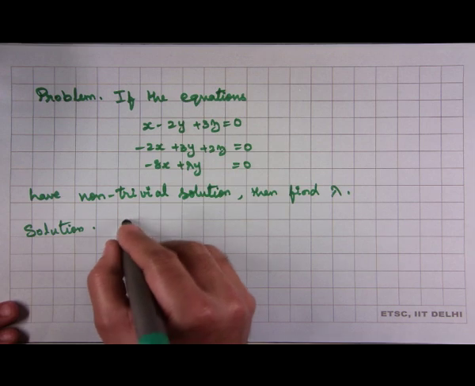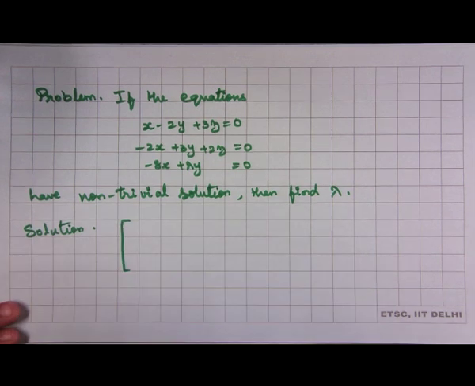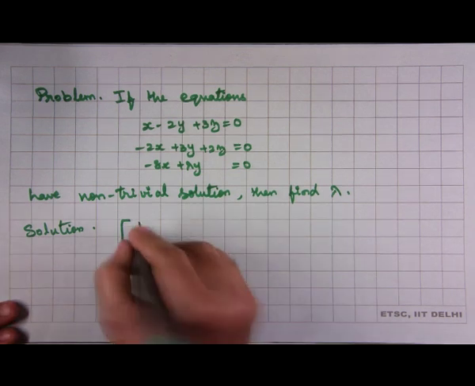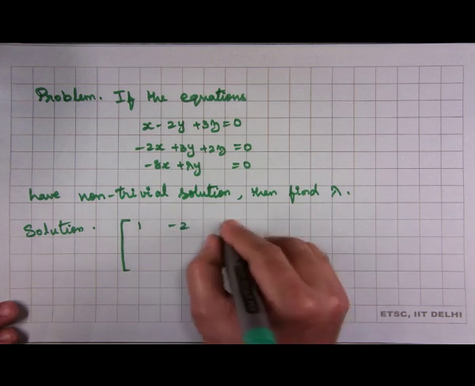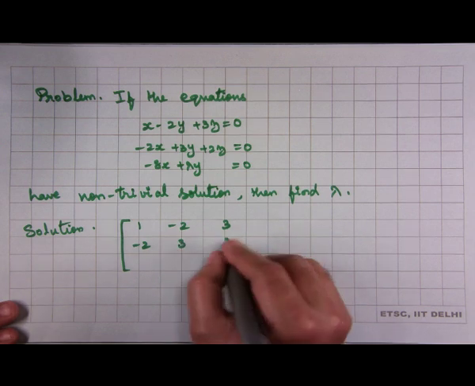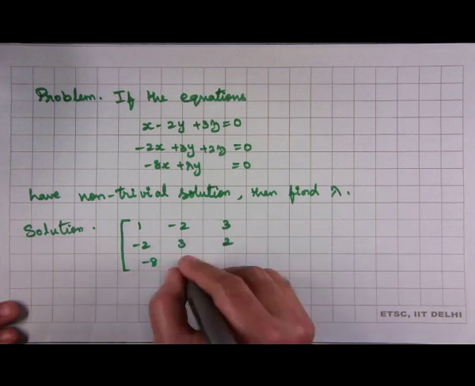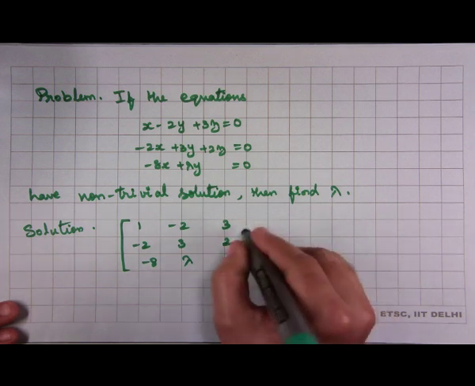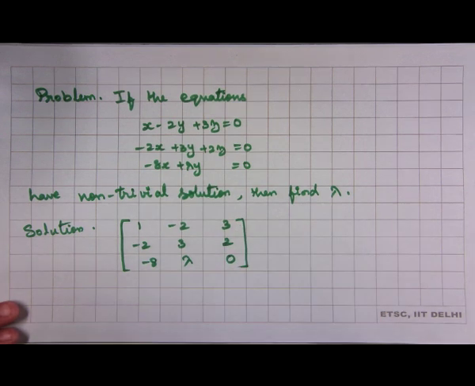So, let us write the augmented matrix or the coefficient matrix, because your constant term matrix is just 0. So, 1 minus 2 3, minus 2 3 2, minus 8 lambda 0. This is the constant term matrix.